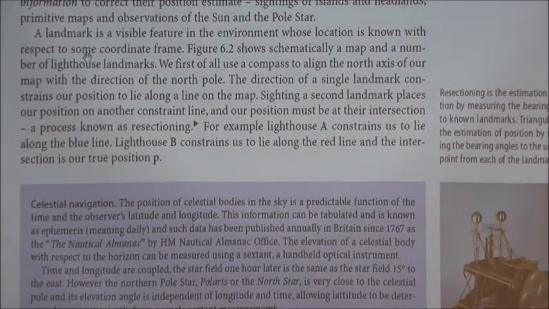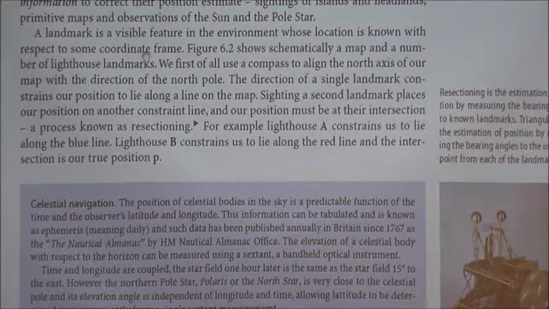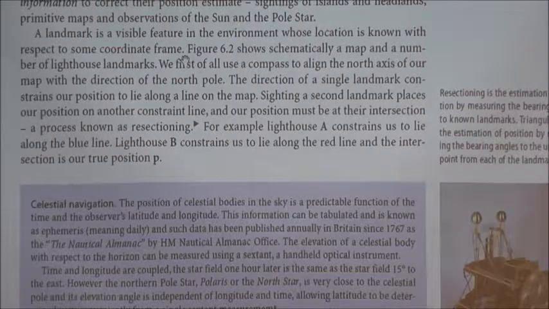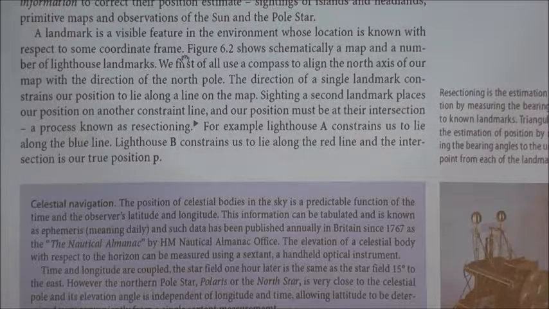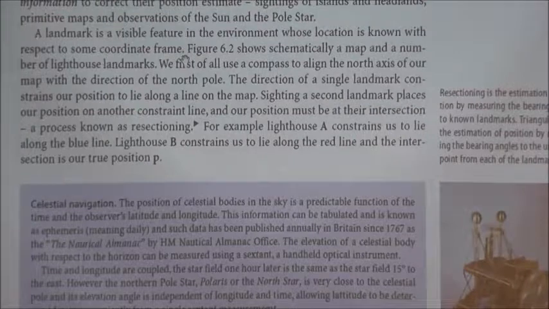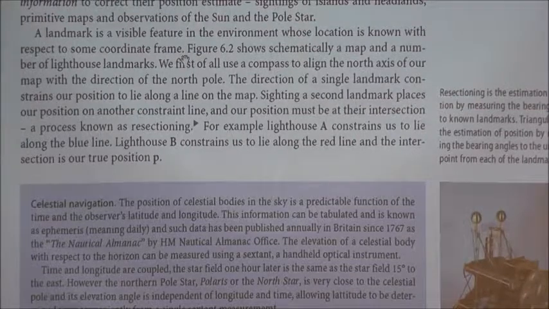So a landmark is a visible feature in the environment whose location is known with respect to some coordinate frame. In those days, the map of navigation and going through an expedition like Columbus, for example, or many others, was actually a national secret.